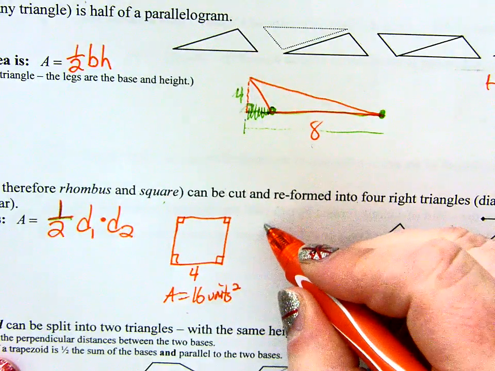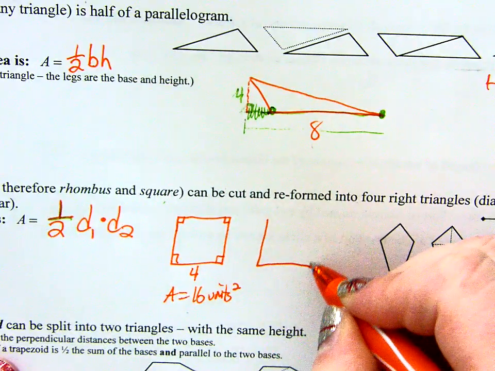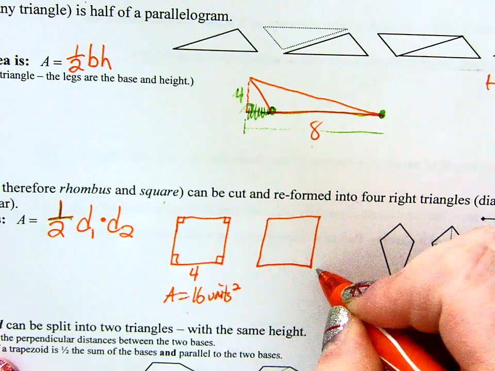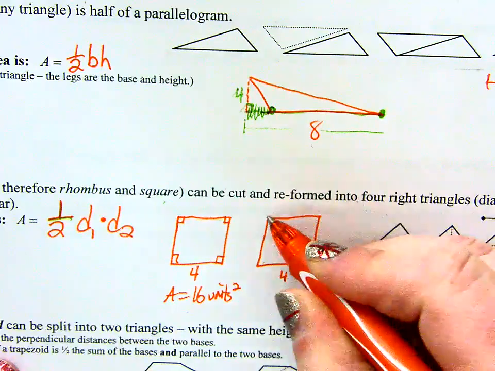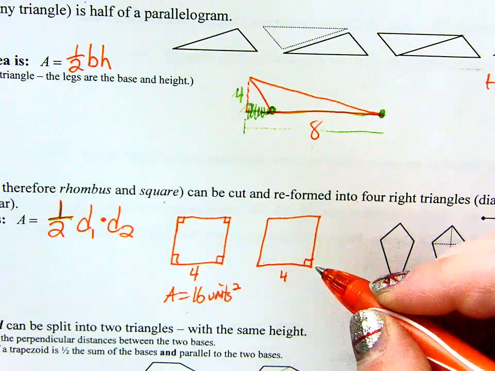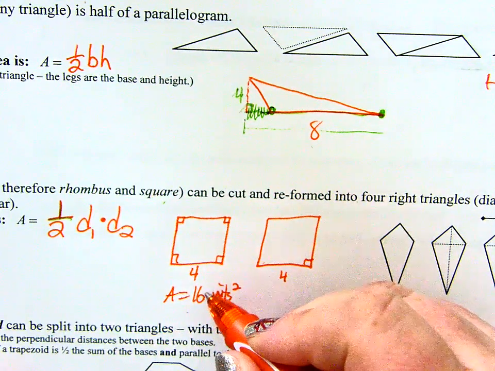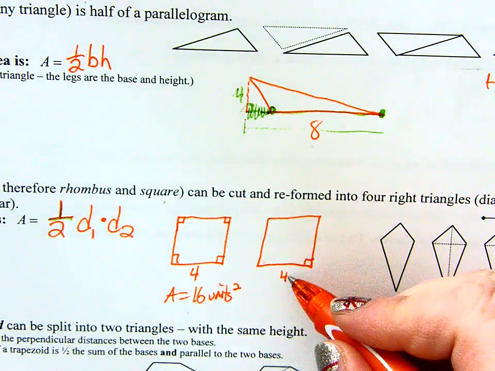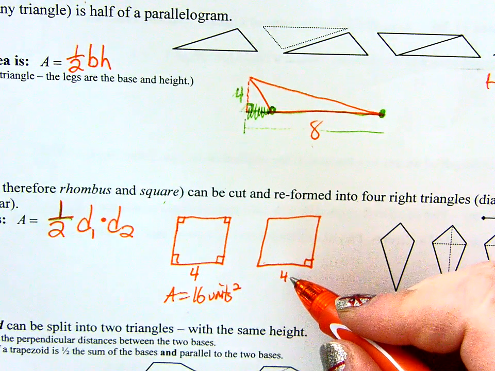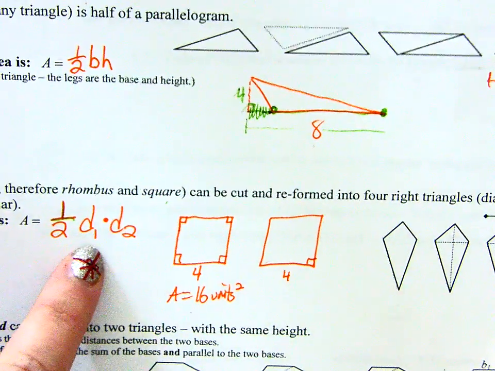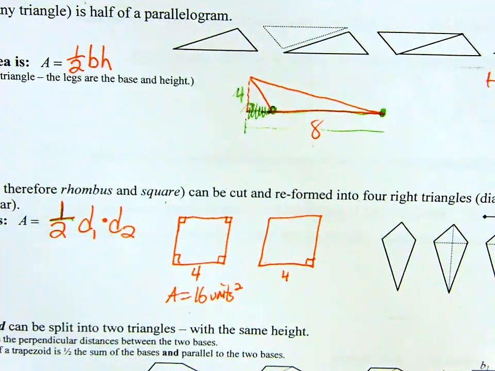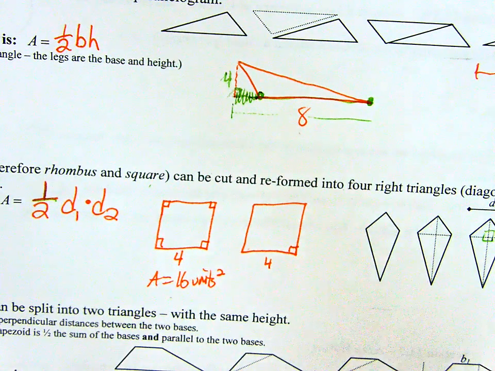I'm claiming that if, instead of doing side squared, I figure out the diagonal here and the diagonal here, and I multiply them together and I take half, I should still get 16. Obviously, if I already know the side, I would never do this. I just want to prove to you that they are the same. I would only use 1/2 the product of the diagonals if I already had a diagonal, and I didn't know what the side was. You get what I'm saying? Okay, but let's just show that they really are the same.